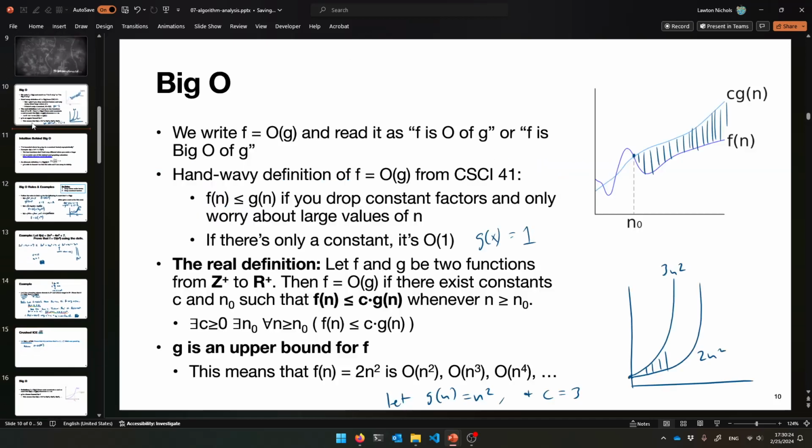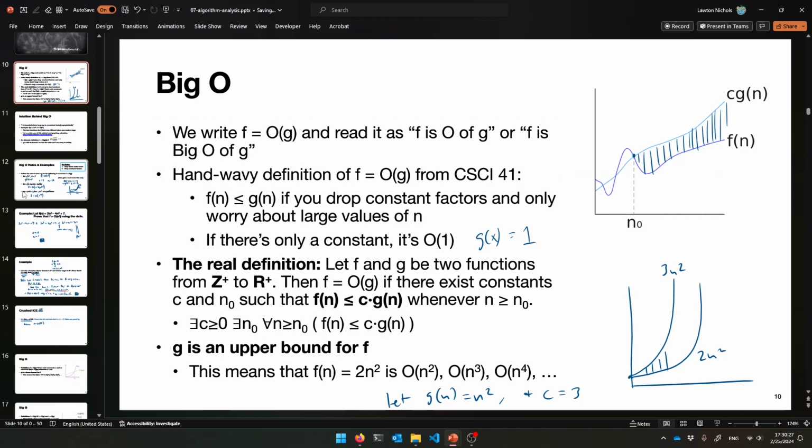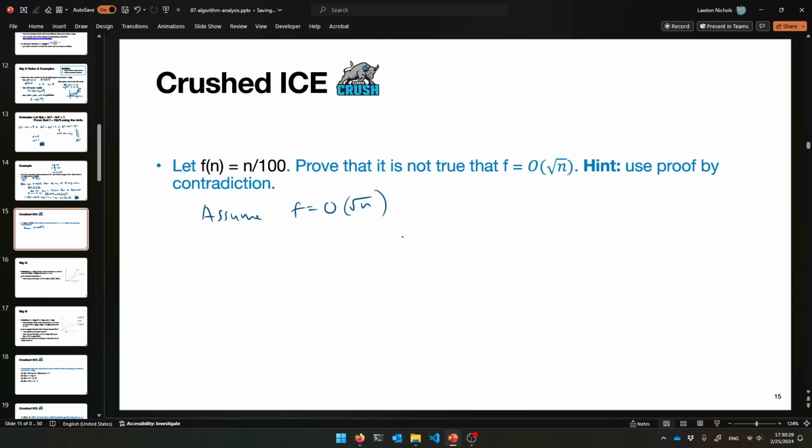According to the definition of big O, there exists a c and an n naught such that f(n), which is n over 100, is less than or equal to c times the square root of n, because that's what g is, for all n greater than or equal to n naught.